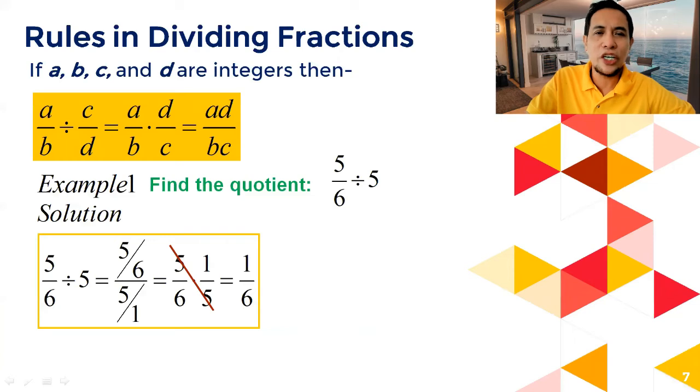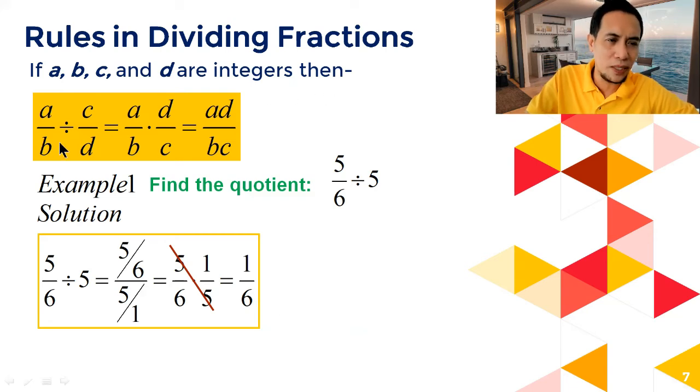Let's go to division of fractions. What are the rules? Given that A, B, C, and D are integers, meaning there's a possibility that they are positive integers or negative integers, or some are negative and some are positive.